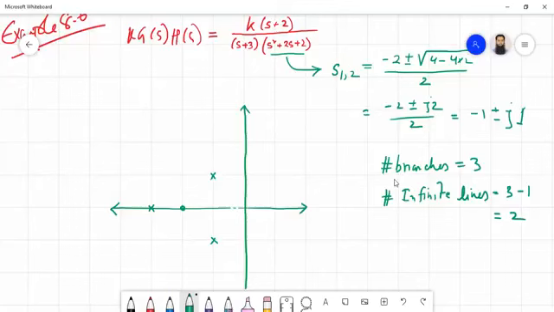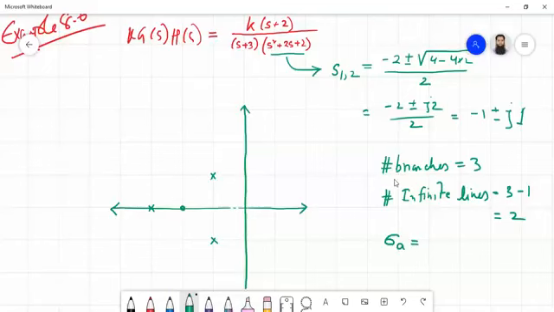So the real axis intercept you have to calculate. Calculating the real axis intercept is also important. So sigma A is the real axis intercept. Only the real axis component we are going to take.